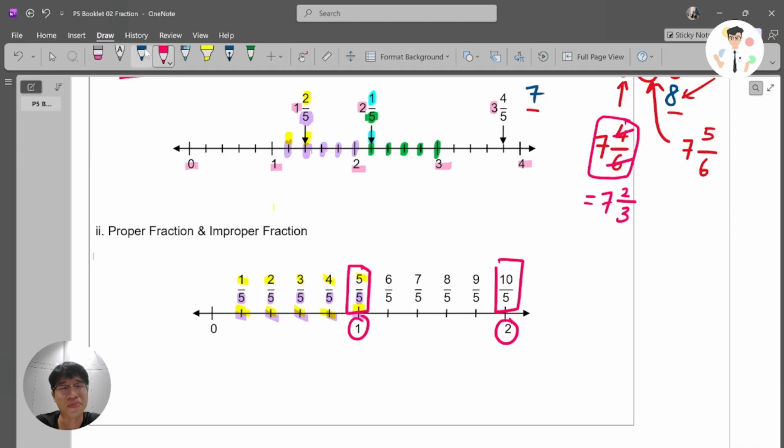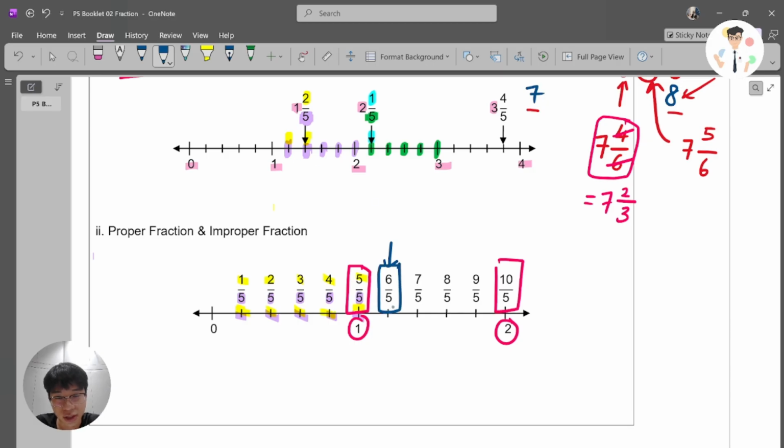But the problem may be something like this. Like, Mr. Low, what I don't understand is why is it 6 out of 5? It's actually very logical, right? When you move on, that will be 6, 7, 8, 9, 10. Okay, but this works the same thing as up here.